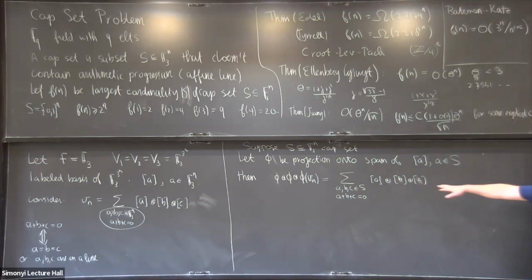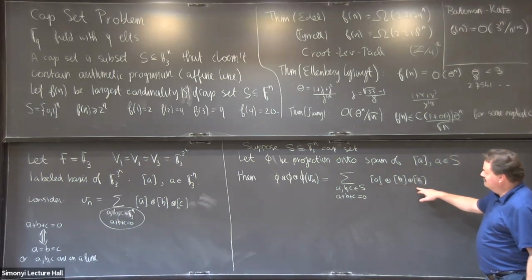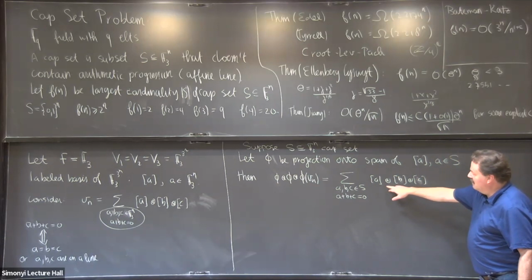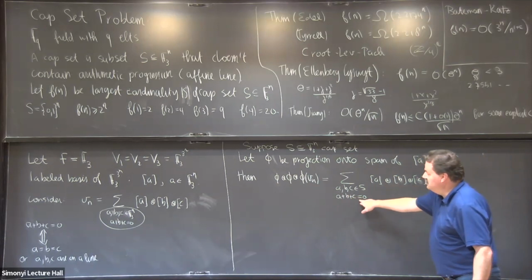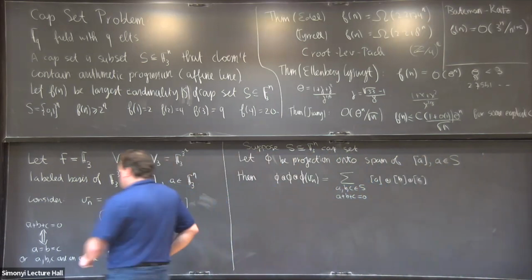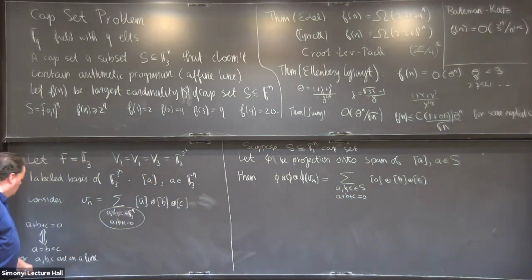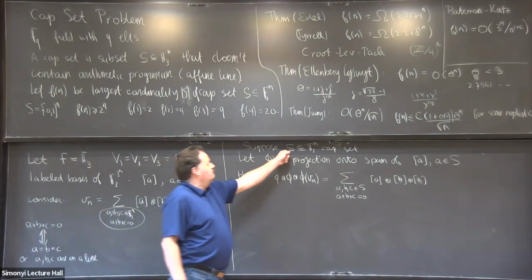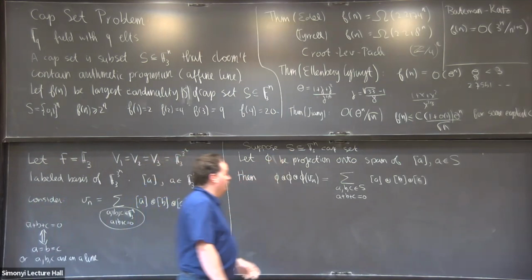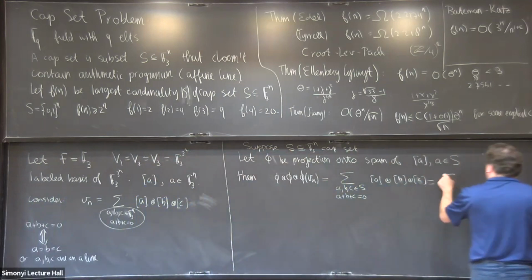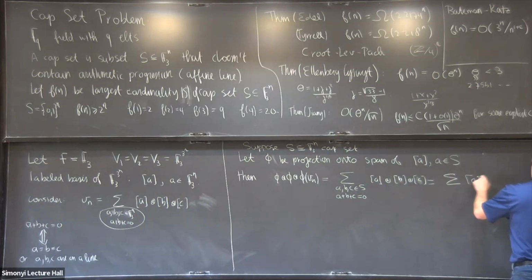Remember, a plus b plus c equals 0 means either they're all equal or a, b, and c lie on a line, but we know S is a cap set, so by definition it doesn't contain any lines.